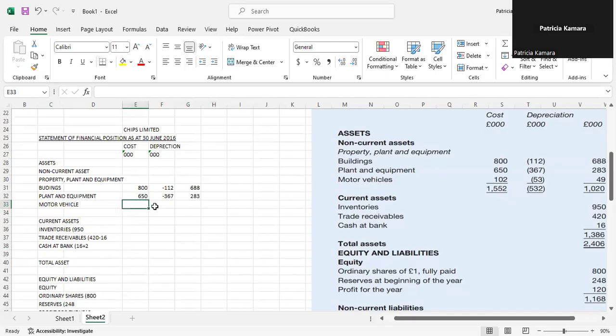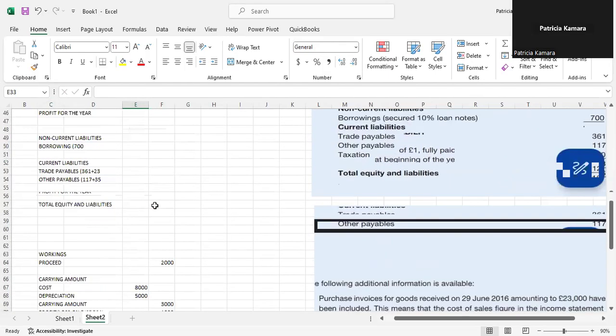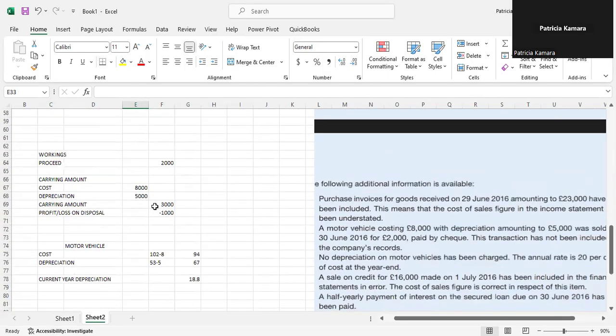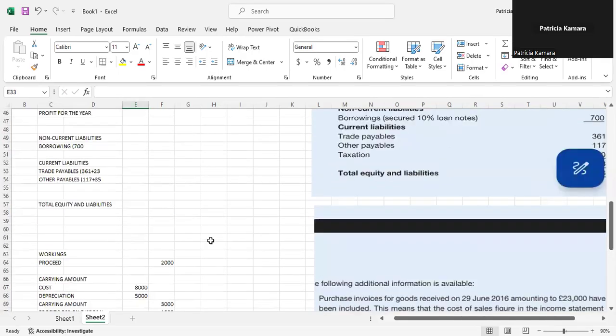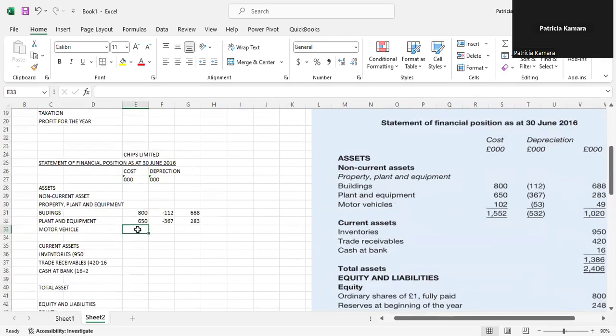Motor vehicle has a revised cost now. So we will just go to our workings. The new cost for motor vehicle is now 94, right? The working that we did initially. So it's now 94.